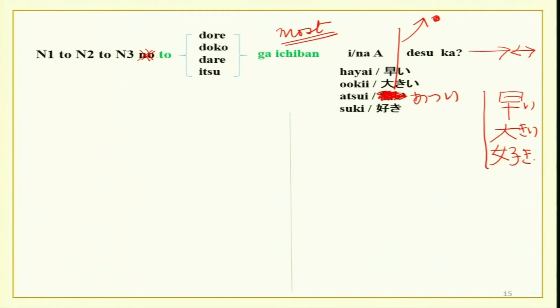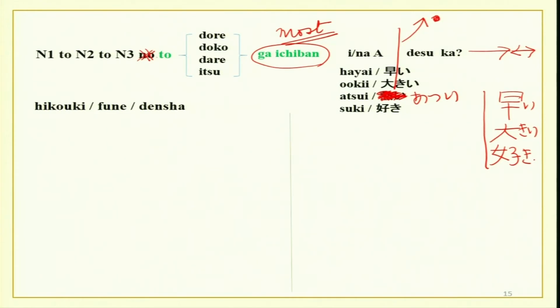So, noun 1 to noun 2 to, noun 3 to, dore ga ichiban, most hayai desu ka, most ookii desu ka, most atsui desu ka, most suki desu ka. That is how it is understood, most ichiban. Now, you can see and practice over here.